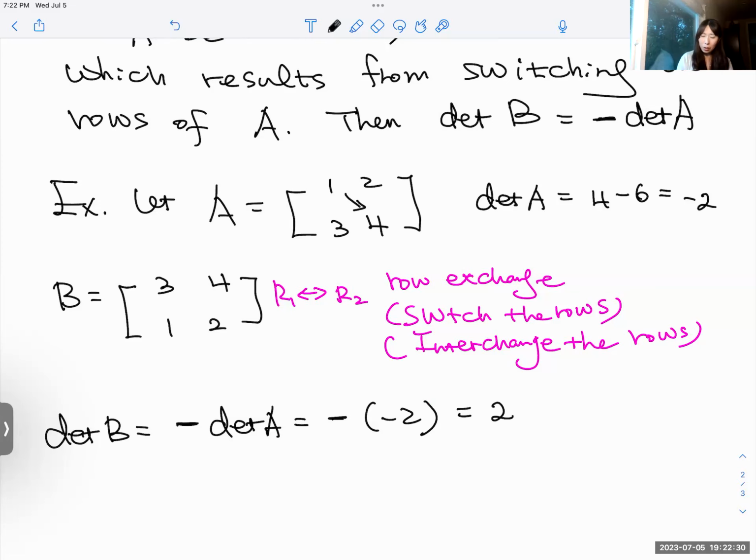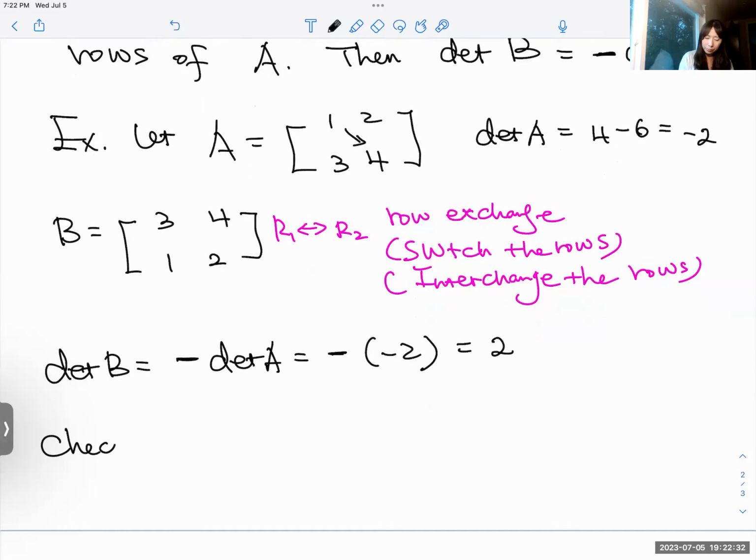Let's check the answer. Determinant of B: 6 minus 4, what do you get? 2. There you go. Good job.